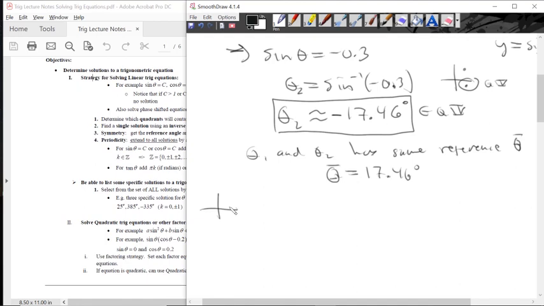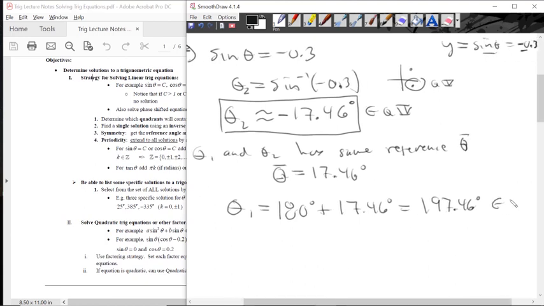Theta 1 is a quadrant 3 angle, and it has a reference of 17.46 degrees. So we push that reference into quadrant 3 by adding 180 degrees. So 180 degrees plus 17.46 degrees gives us 197.46 degrees, and that is a representative of the quadrant 3 solutions.